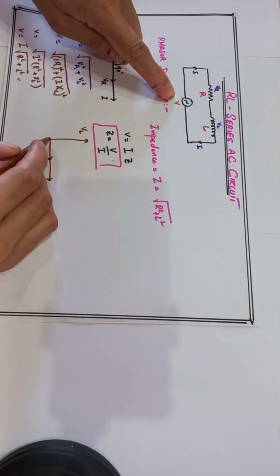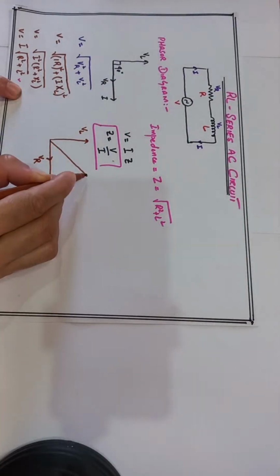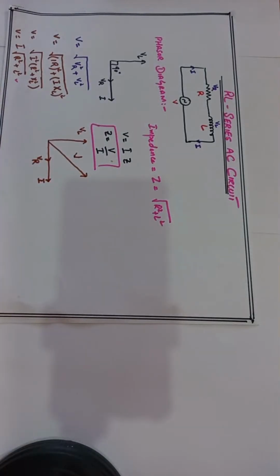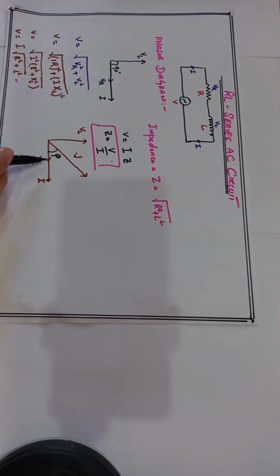The phasor of the applied voltage is shown by the resultant V, and it makes an angle phi with the horizontal line. This phase angle shows that the current is lagging the applied voltage by angle phi.